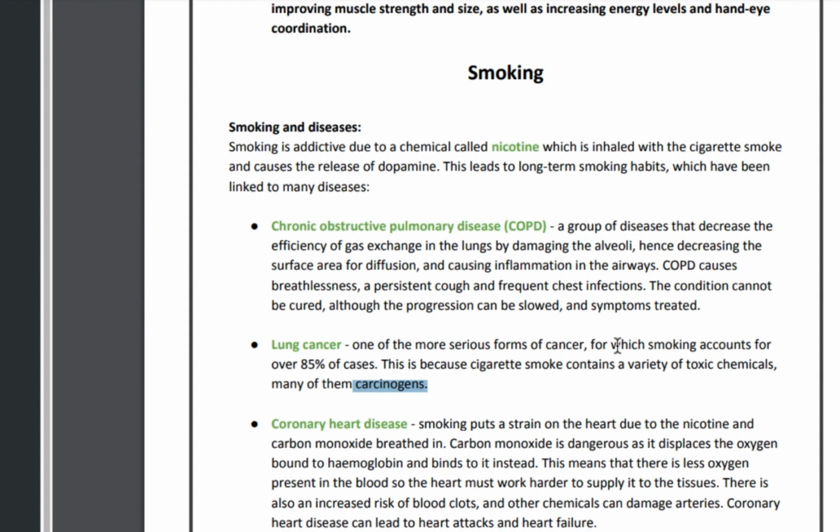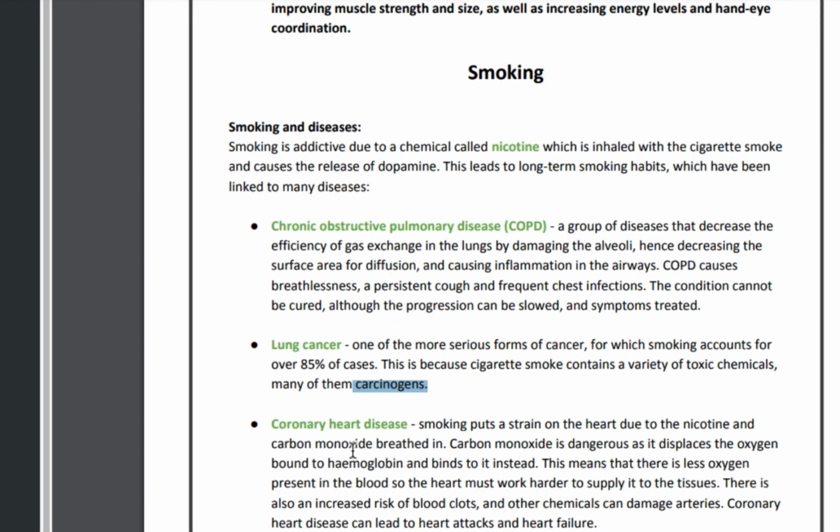Another disease we get from smoking is coronary heart disease. Smoking puts strain on the heart due to the nicotine and carbon monoxide that you are breathing in. Every time you smoke, you breathe in carbon monoxide, which is a poisonous gas.